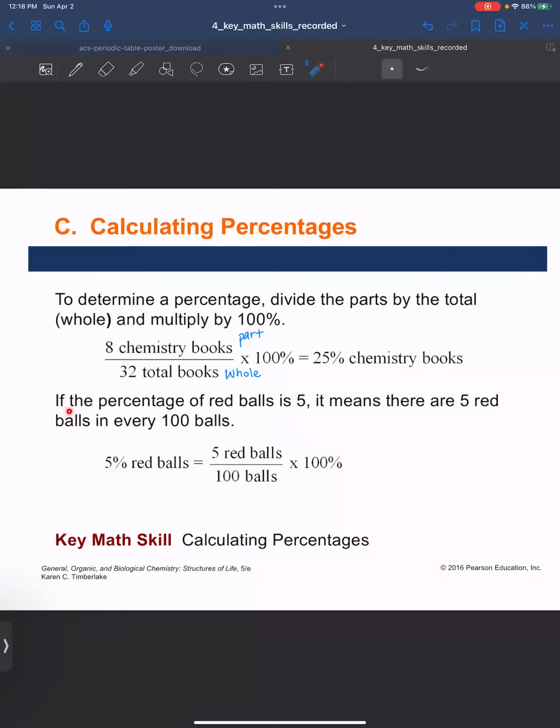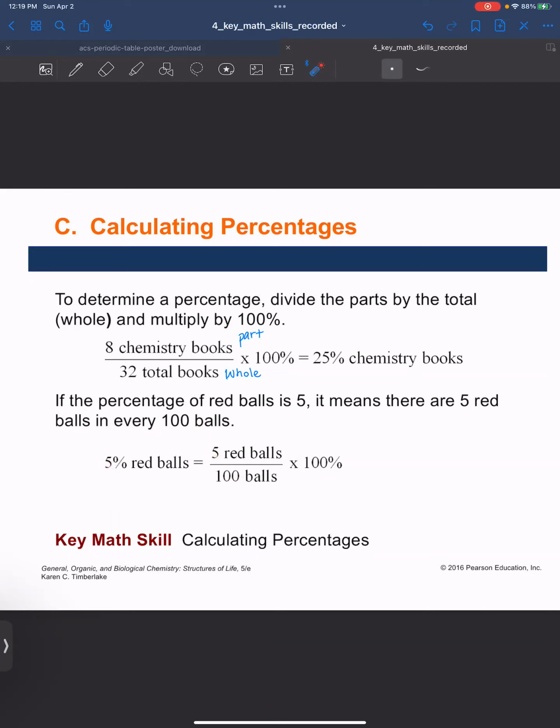We might also be given a percentage. If the percentage of red balls is 5%, it means there are 5 red balls in every 100 balls. So if you're given a percentage, we'll treat the whole, whatever the whole is, as 100. And then that number is the part.